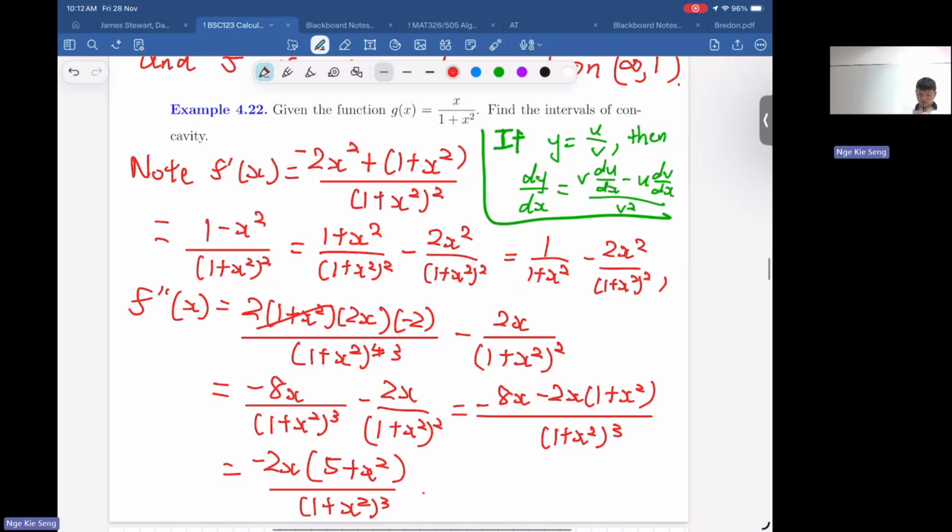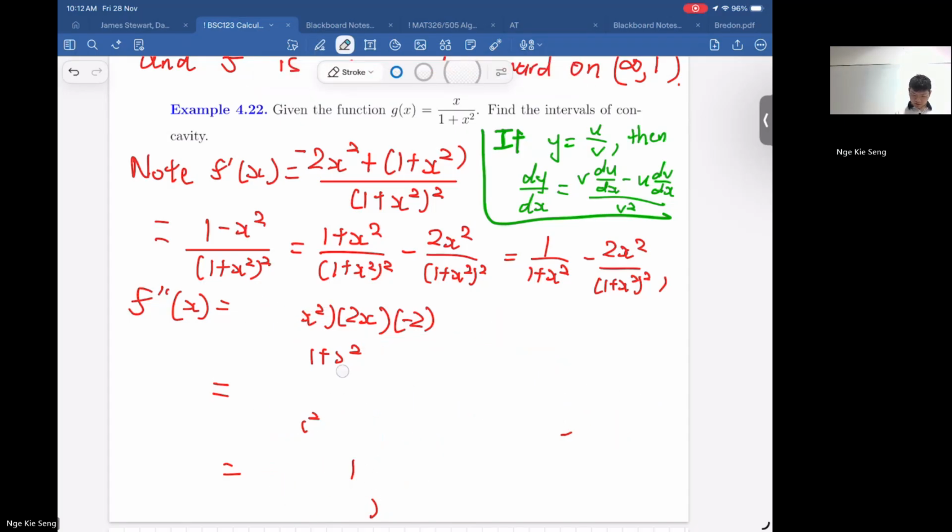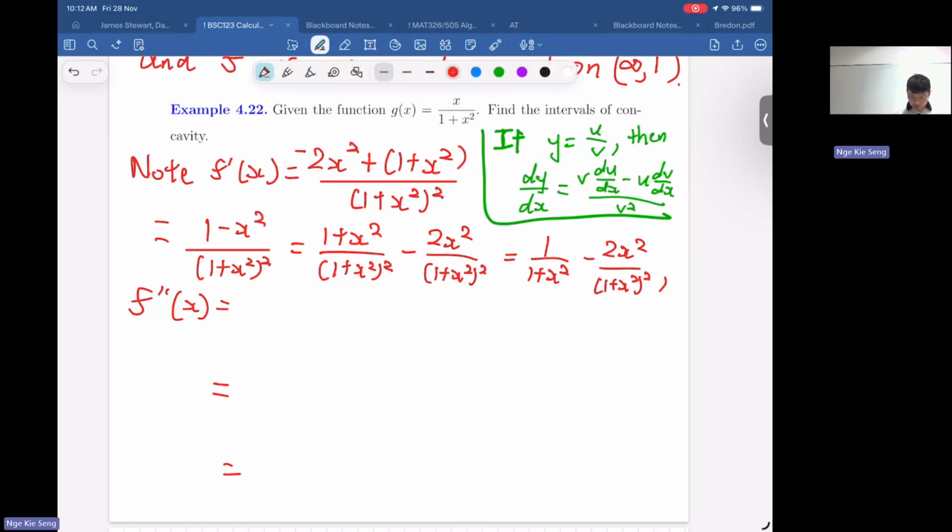Okay, I think I prefer this. So let's remove everything of this. Okay, and then we do differentiation.